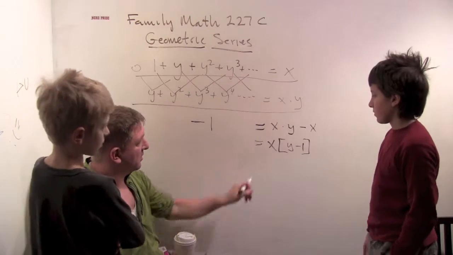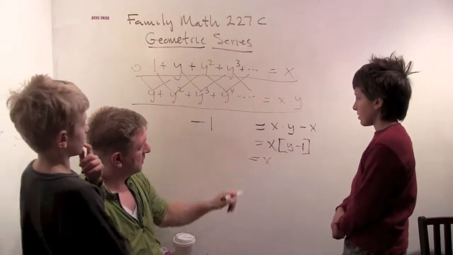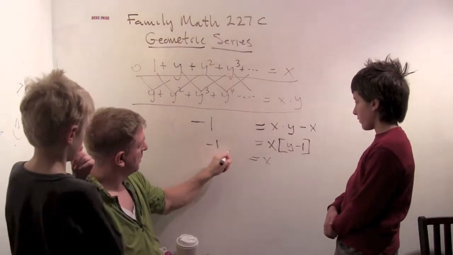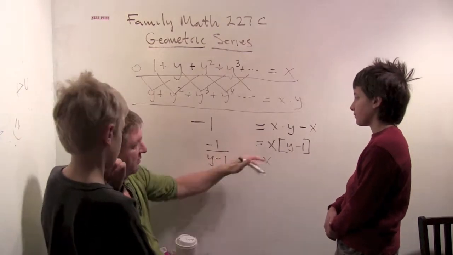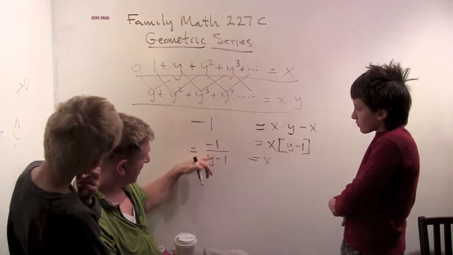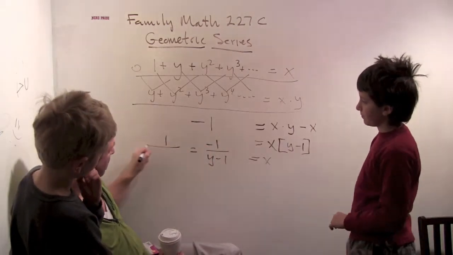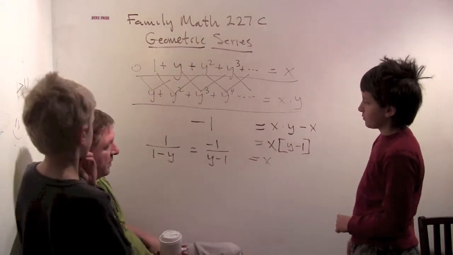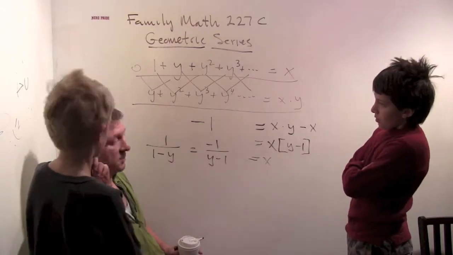And so what does x equal? So x is minus 1 over y minus 1. I just divided by y minus 1. And I'm going to multiply the top and the bottom by minus 1 to say this is 1 over 1 minus y. Do you see what I did?